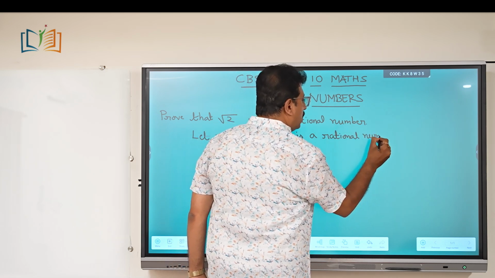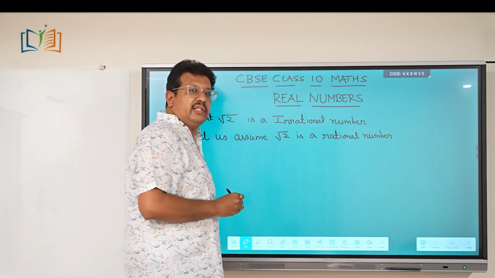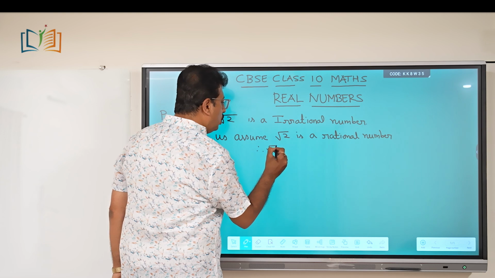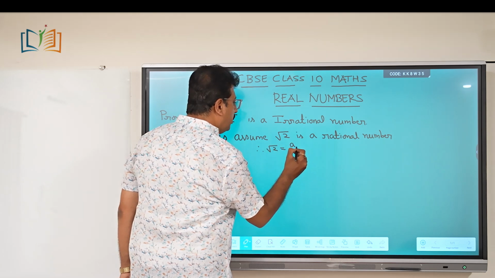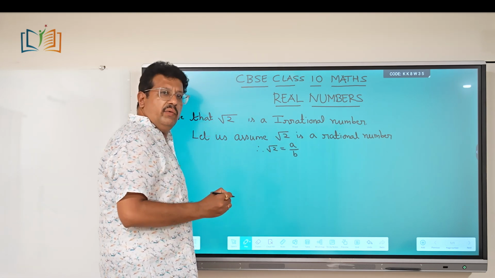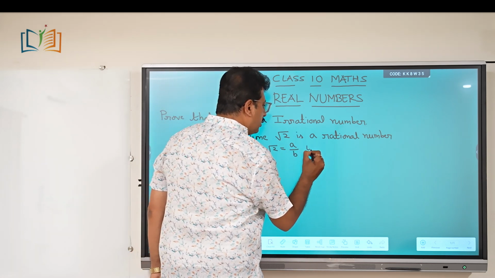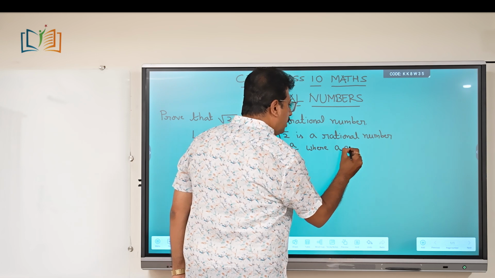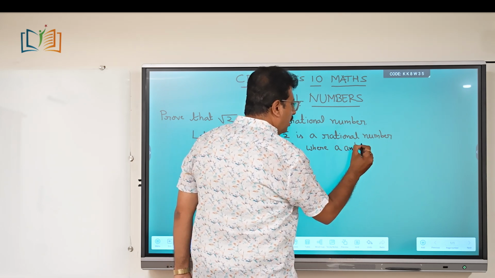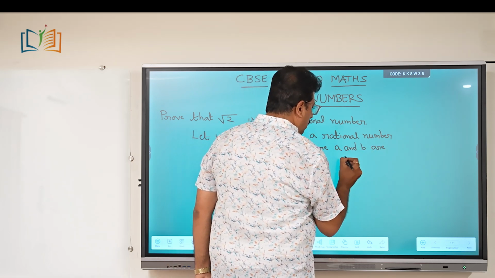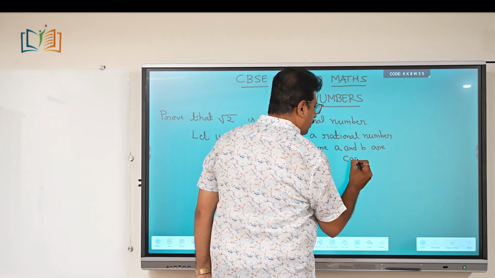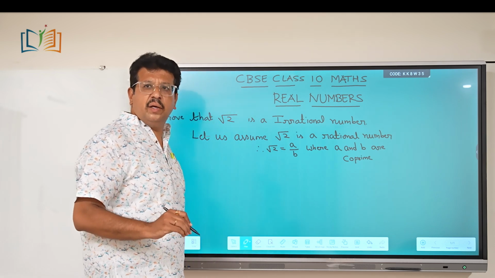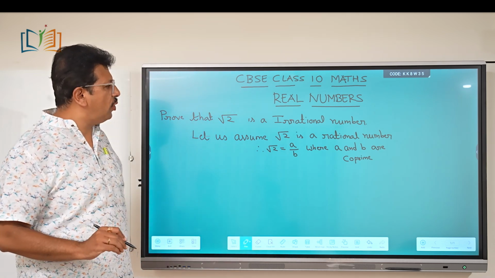So when we say it is a rational number, we can say root 2 equals a by b. That is what you should assume, where a and b are co-prime. These are co-prime numbers, which are divisible only by 1 and themselves. That is the meaning of the word co-prime here.